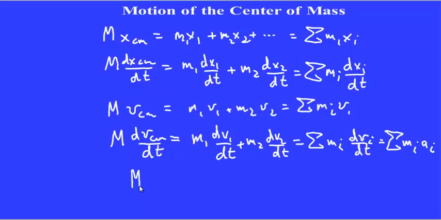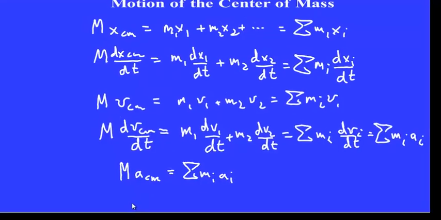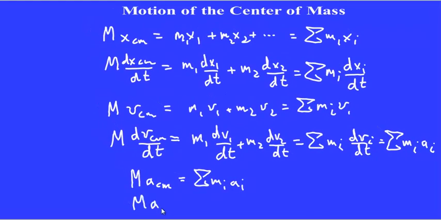And so what we can write then ultimately is that the acceleration of the center of mass is the sum of all the individual particles. Remember though that we know from Newton's second law that this is equal to that.